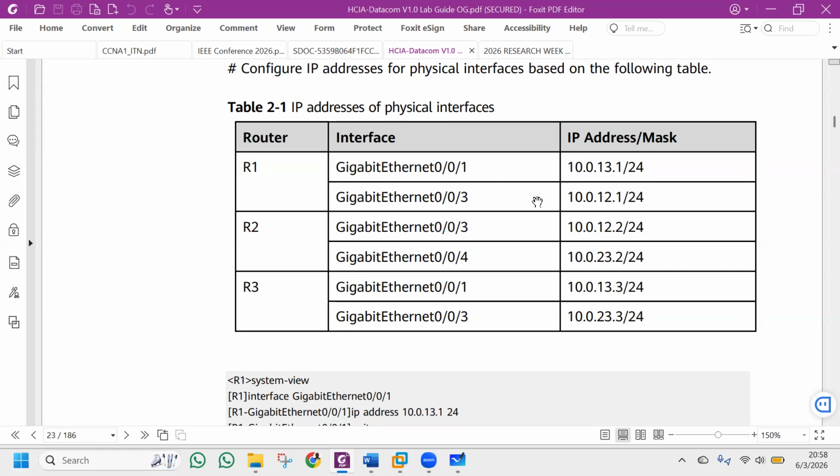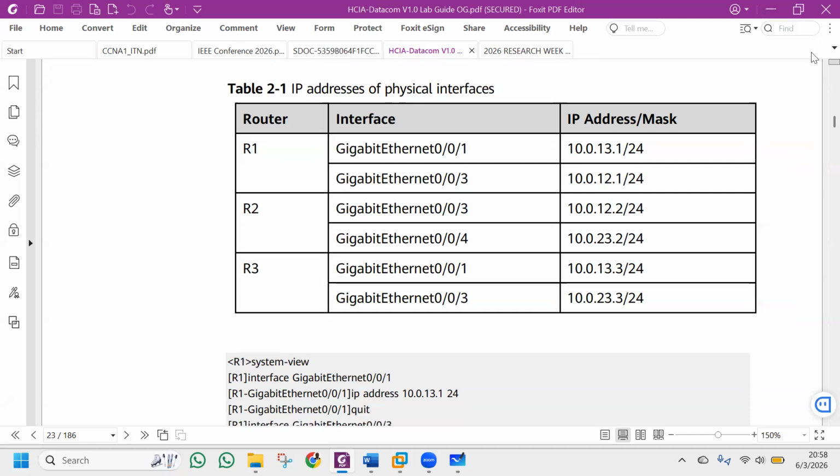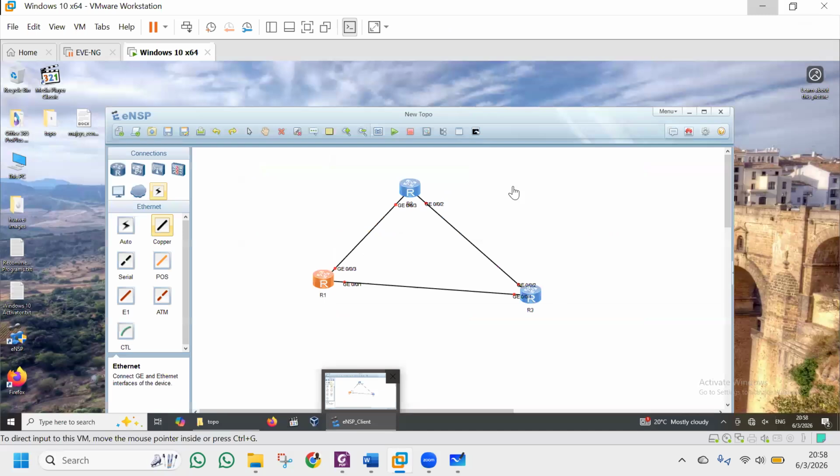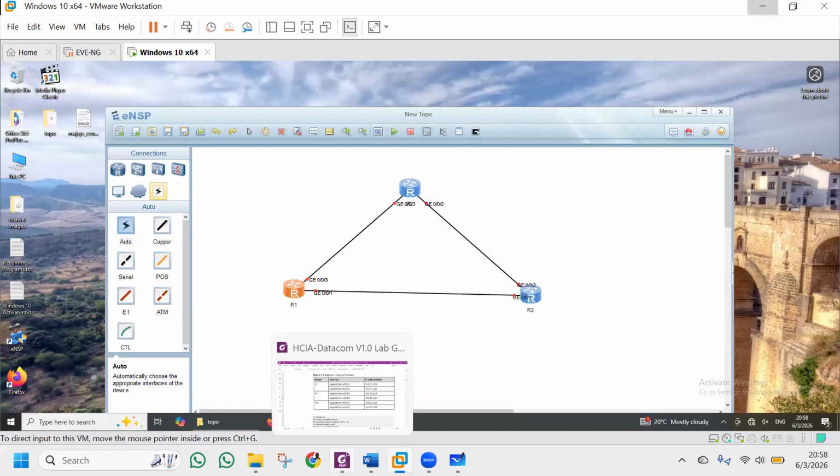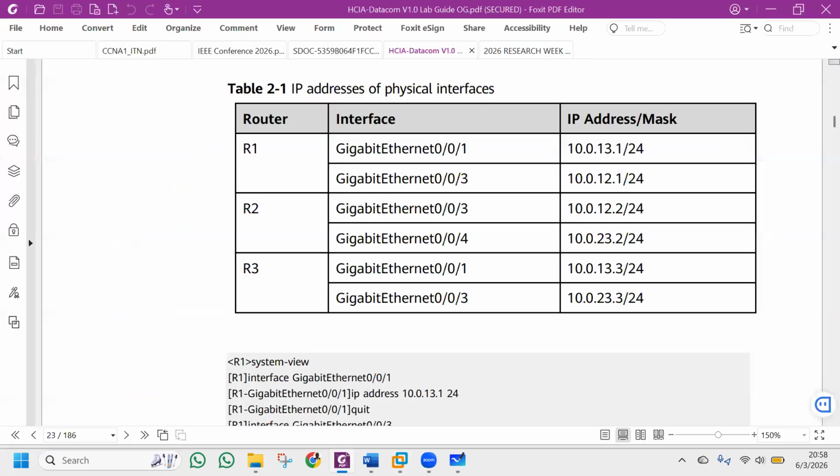So we're going to start with configuring these IP addresses on our interfaces. Let me write my networks here first before I go any further. Right, so R1 is 10.0.13.1.